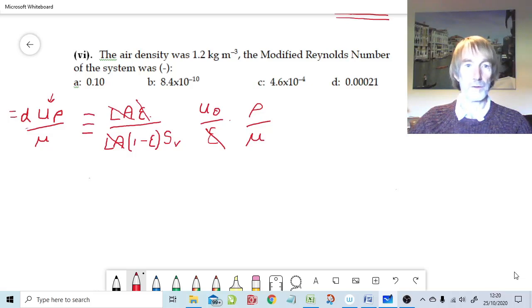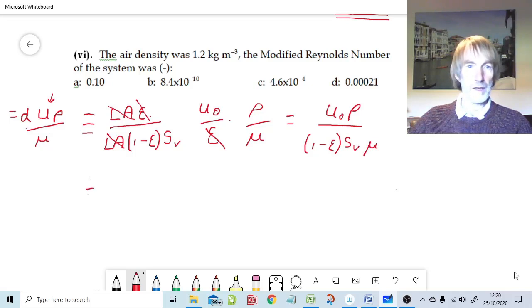So that's equivalent to what we have here. So we have a straightforward equation for modified Reynolds number, which is simply the superficial velocity times the density of the fluid, over 1 minus the voidage times S_V, the specific surface area per unit volume, times mu. Let's put some numbers in there. We decided that the superficial velocity was 0.022.